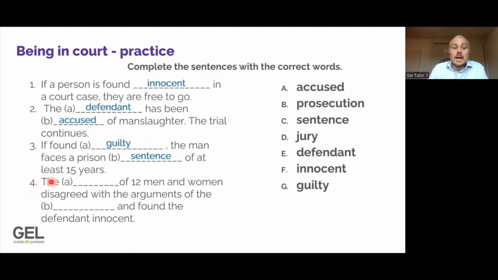Number 4, the of 12 men and women disagreed with the arguments of the and found the defendant innocent. Look at space 4a. Which word can complete this space? Look at the next question and choose the correct letter.